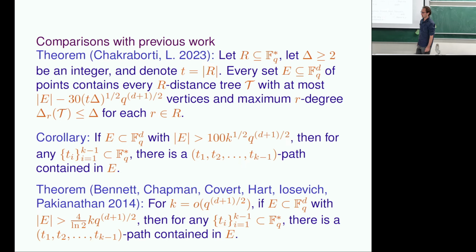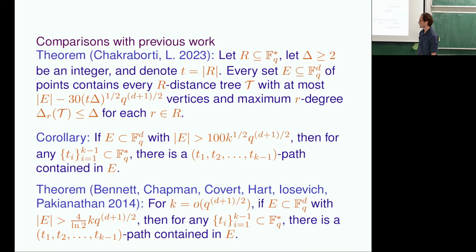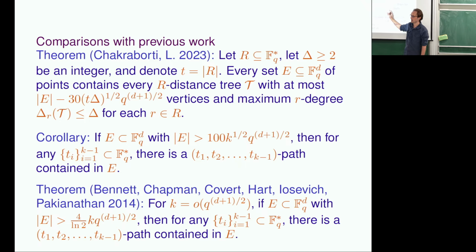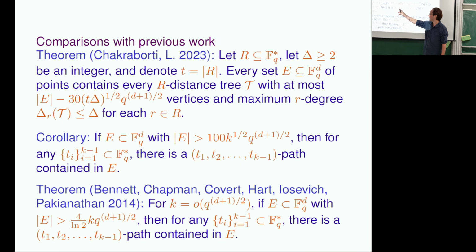But the path in the corollary, the path you find is like t1, t2. You have to have that, right? That's right. But how do you get it from the theorem? Your theorem doesn't have any k. Oh, is t this? So we just say, well, we have a path of length k.